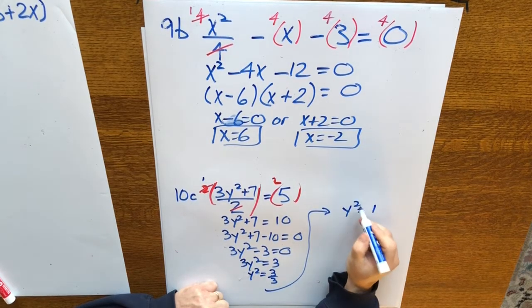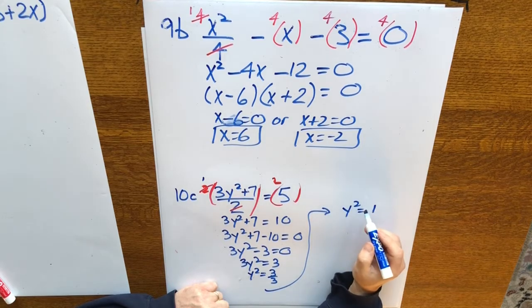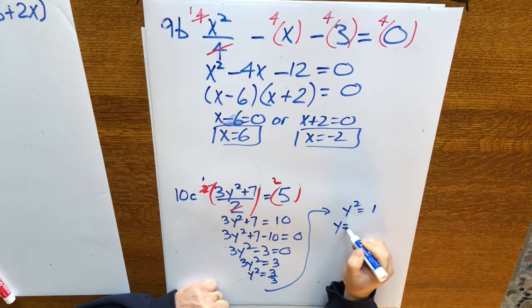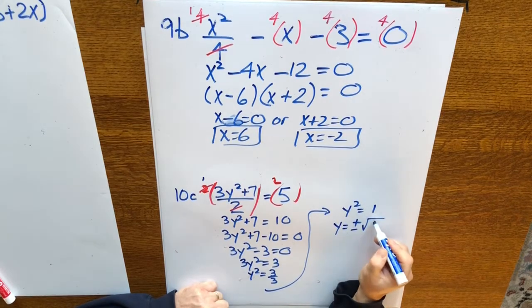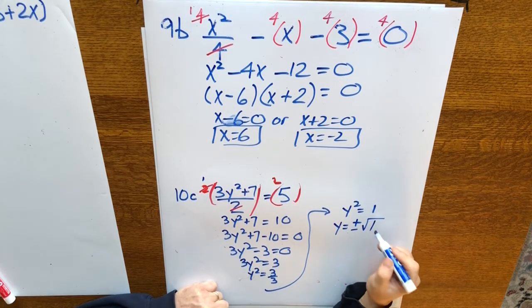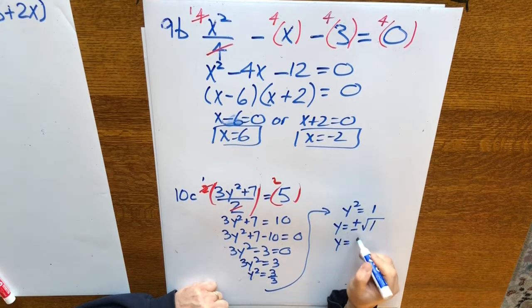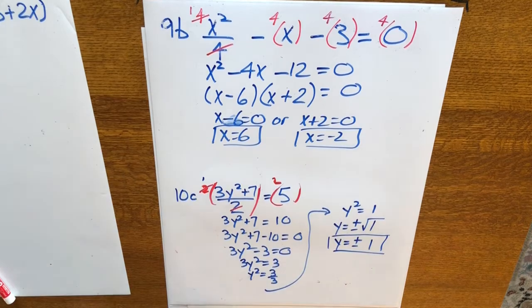And if you have y squared equals a number, then you just use grade 9 techniques, like a square on this side becomes a square root on the other. So y equals plus or minus the square root of 1, and the square root of 1 is 1. So there's your two solutions.